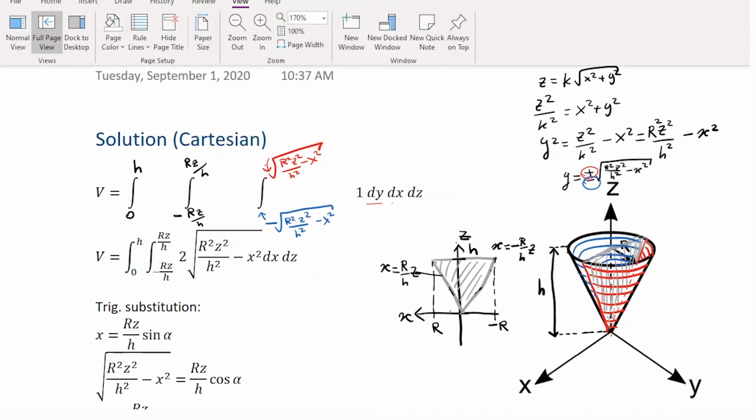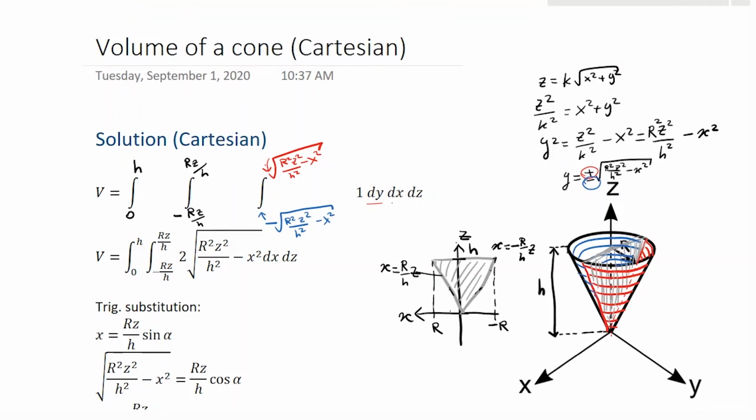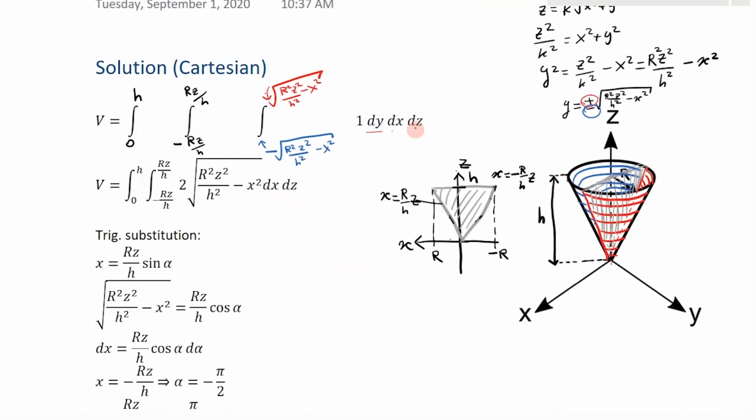Now let's just integrate. The integration over y is going to just give us this minus that, and since these two things are the same except for the sign, we get 2 times square root of all this stuff, and again dx dz, these bounds are the same as before.